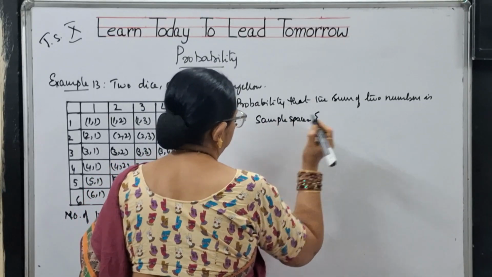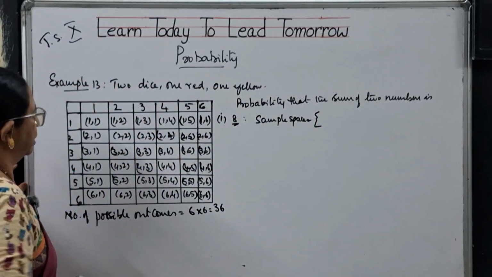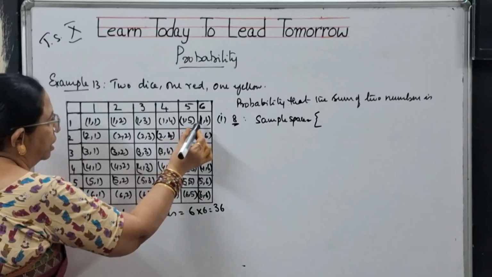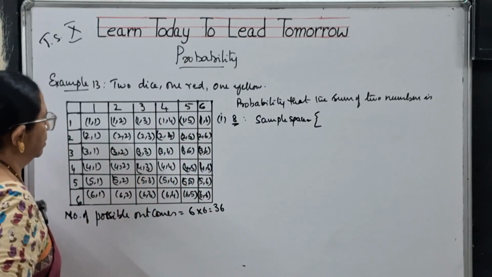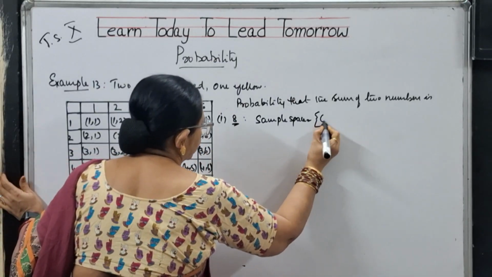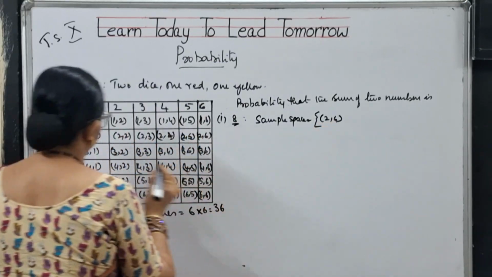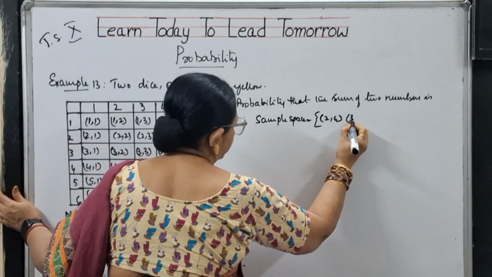Let me write. Sample space means which two numbers when I add I am getting 8. In this line I don't get 8 at all. Plus the last one, 1 plus 6 is 7. So here 2 plus 6 is 8. So 2 comma 6. And here 3 comma 5 it is 8.